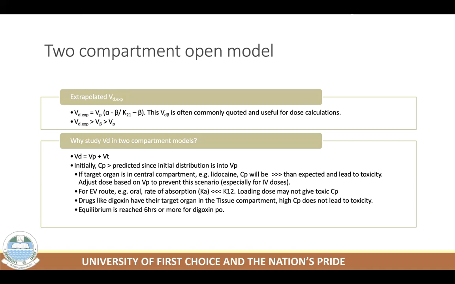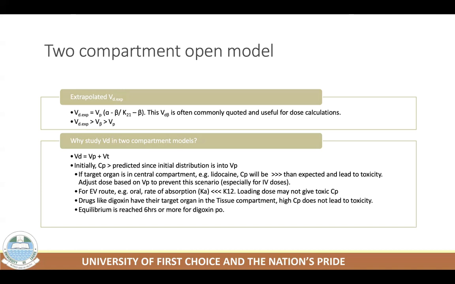The initial plasma concentration from the loading dose may not give a toxic level because of the effect of the absorption step. For drugs like digoxin, which have their target organs in the tissue compartment, the initial high plasma concentration values are usually inconsequential both for therapeutic and toxic levels. This is because the plasma concentration value before distribution is complete is proportional.